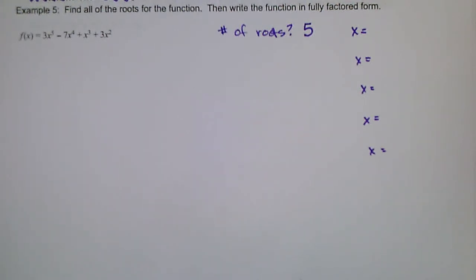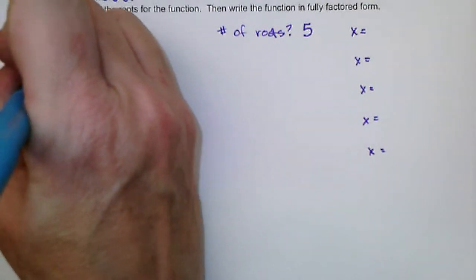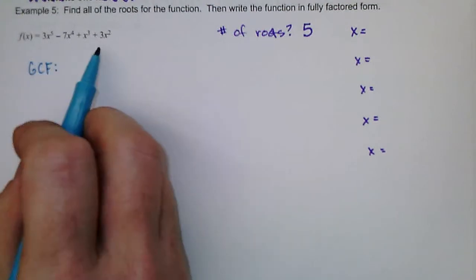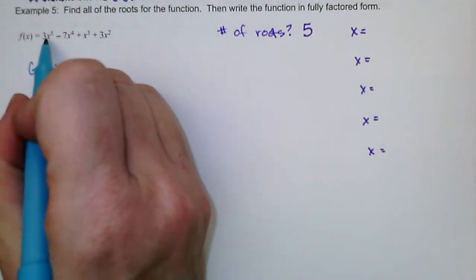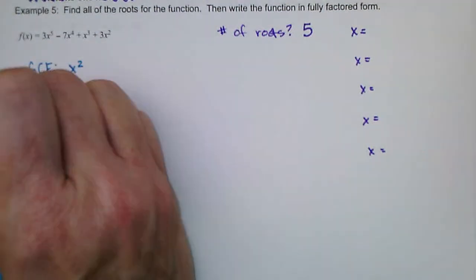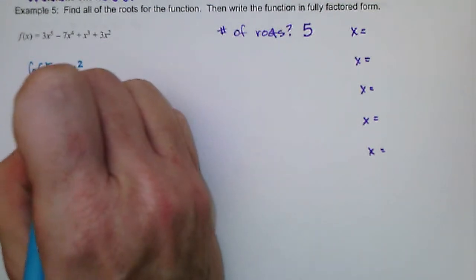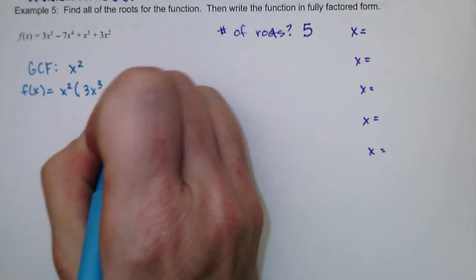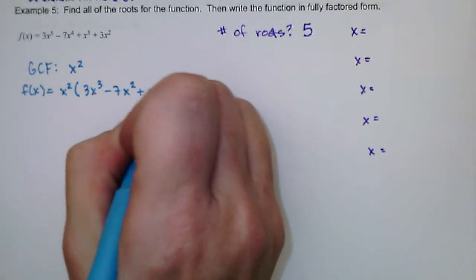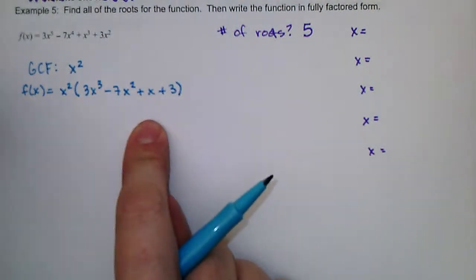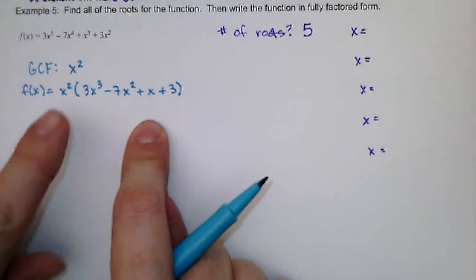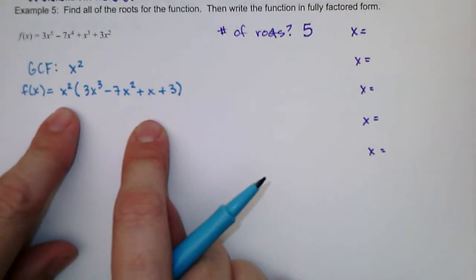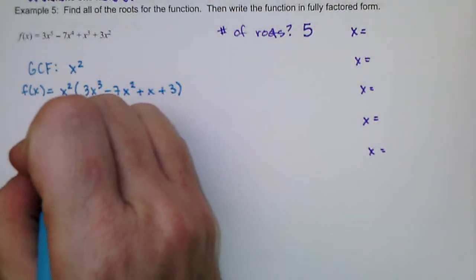Then the next thing we're going to do is factor out a greatest common factor if possible. So our GCF here of this function, all of the terms have x squared. So I'll write that as x squared times 3x cubed minus 7x squared plus x plus 3 when I take x squared out of each of those terms. Now, since my GCF had a variable in it, I set that equal to 0.